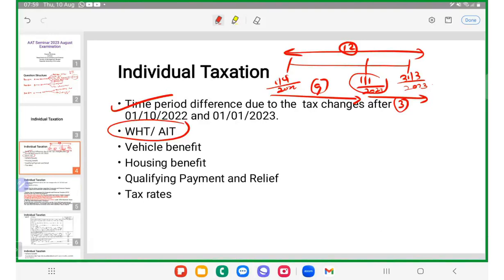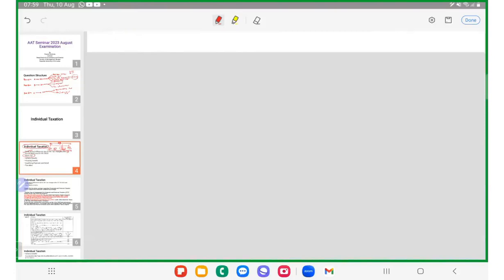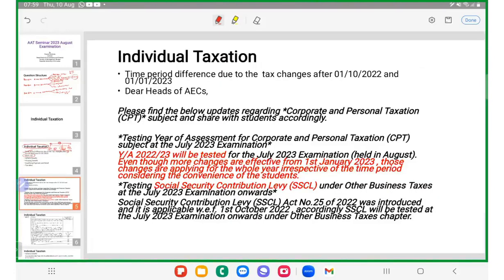So there is a change in the vehicle benefit, the housing benefit, and the qualifying payment and relief for an individual, and the tax rate. First of all, I will discuss the individual taxation, then I will move into the company taxation. So already we have discussed that.